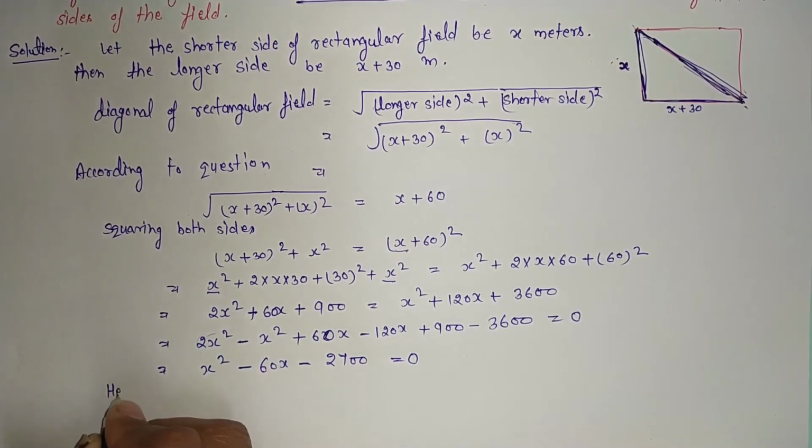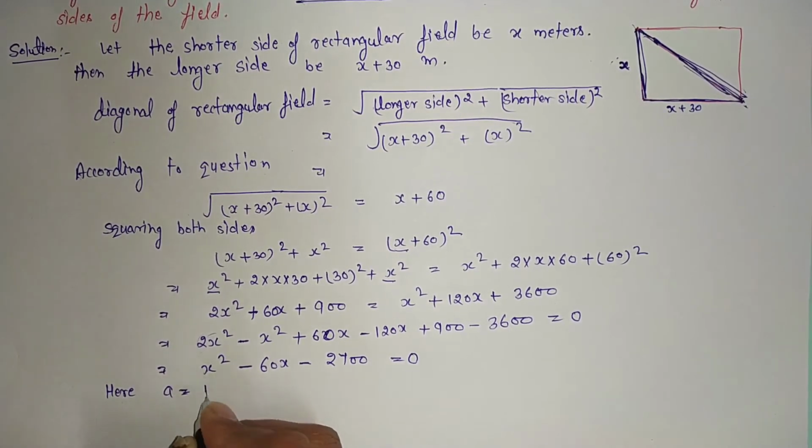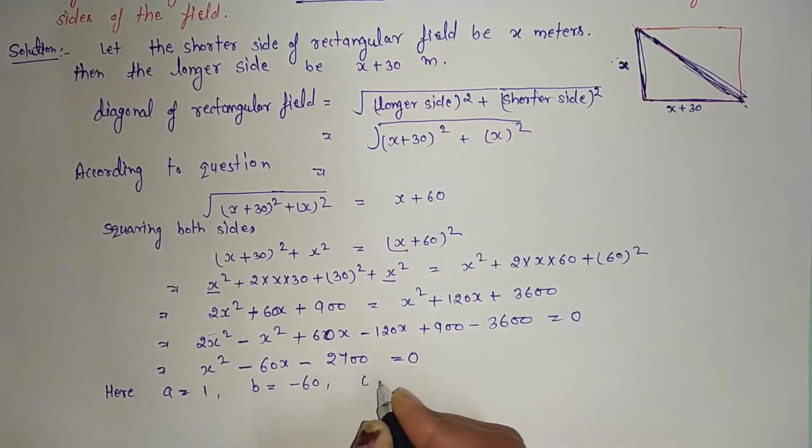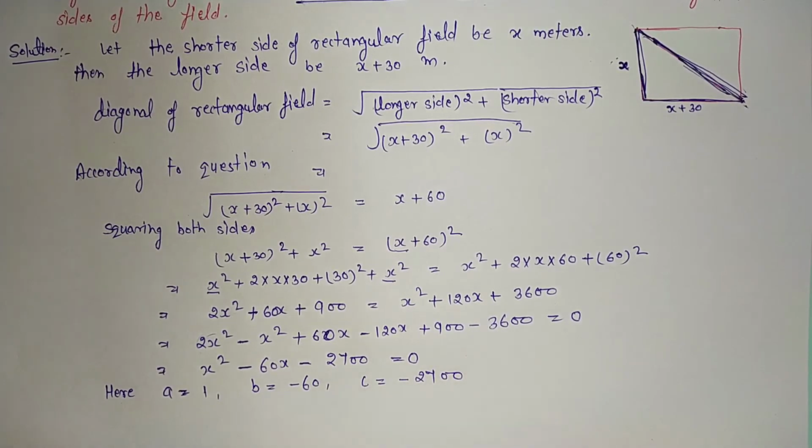Here a is equal to the coefficient of x square, that is 1, b is the coefficient of x, that is minus 60, and c is the constant term, that is minus 2700.